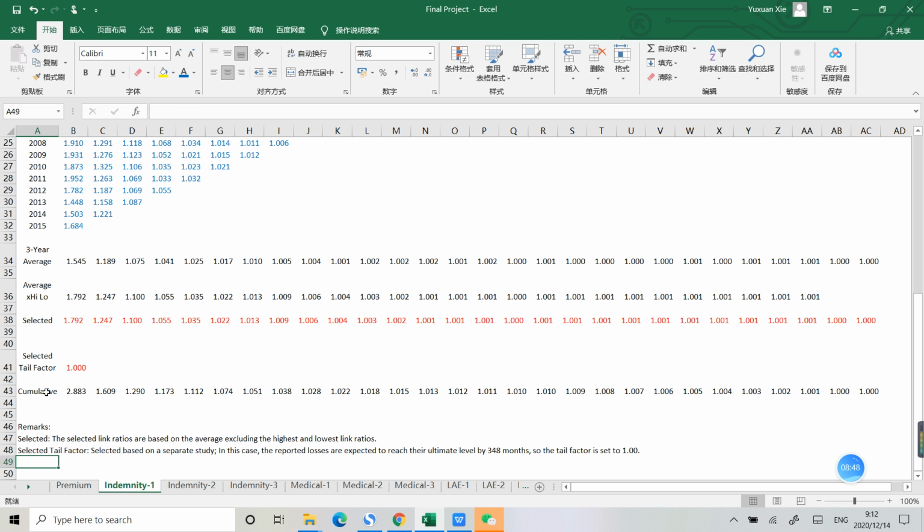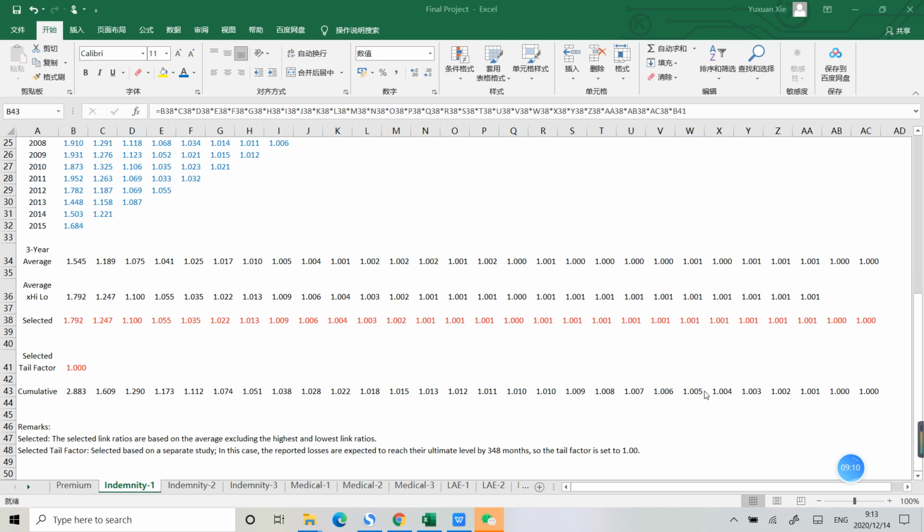And the cumulative ratio means that the cumulative ratio is calculated as the product of all subsequent selected link ratios and the tail factor.